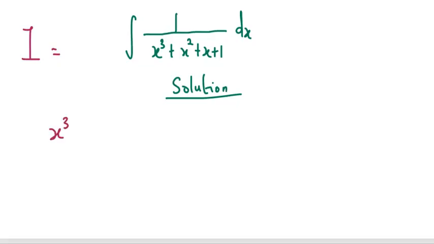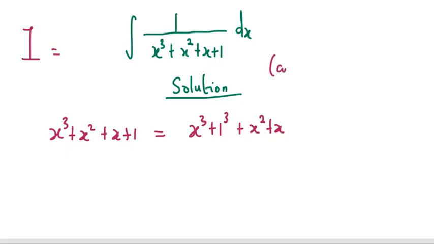We have x cubed plus x squared plus x plus 1, which is the same as x cubed plus 1, which is the same as 1 cubed, and then plus x squared plus x. Then we use this nice algebraic identity for the sum of two cubes, right?